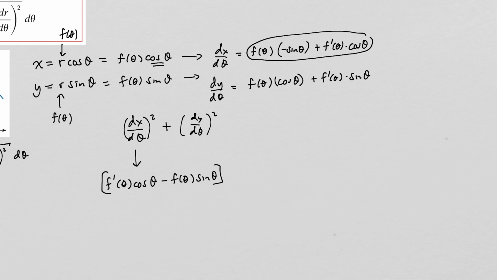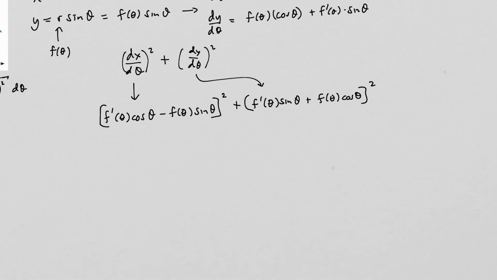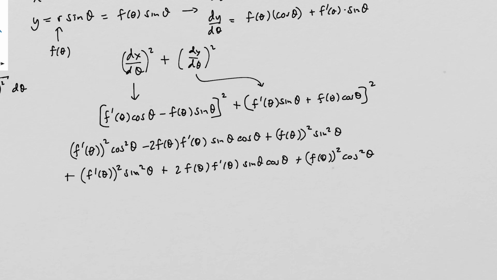We are going to square that. Plus dy/dθ, in the same flavor, and we are going to square that. Now we just have to do a lot of algebra here. So imagine writing this down twice, multiplying it by itself, and doing the same thing here. Let's go ahead and do that and come back.